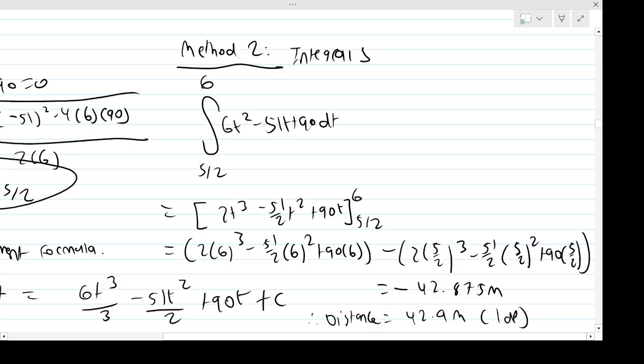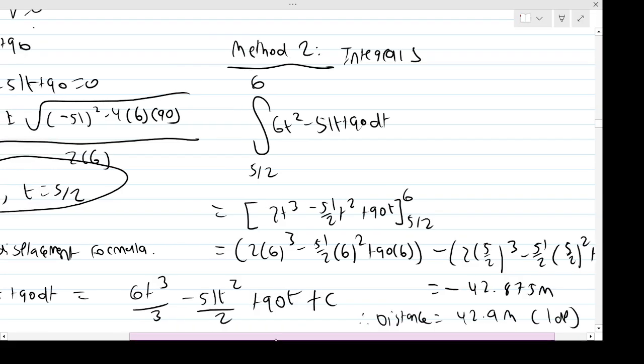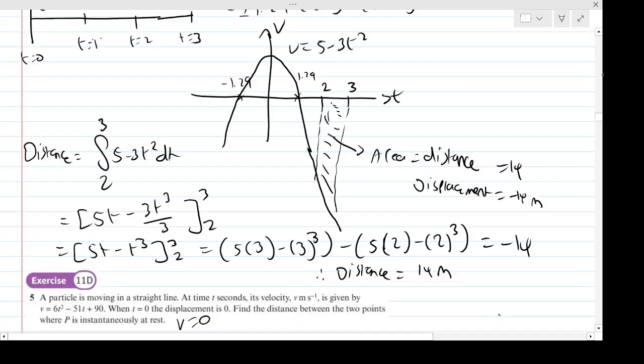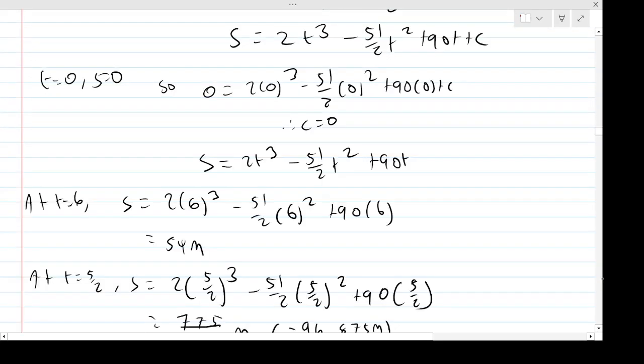And there we are. So you could use either method, okay? The integrals method is safer, and probably generally the better method, I think. And you don't have to worry about the plus c, because with the first method we needed to spend some time to work out what the plus c was, okay?